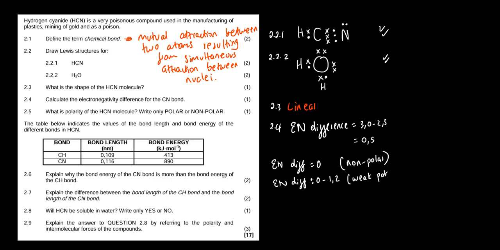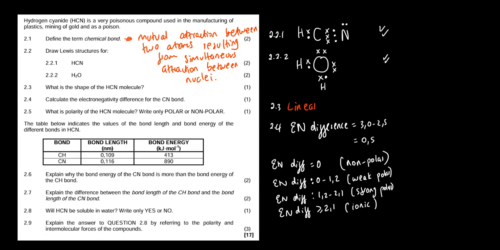If it is between 1,2 and 2,1, it's going to be strong polar. And if it is equal to 2,1 or greater than 2,1, then it's going to be ionic. This is something that we must just remember.